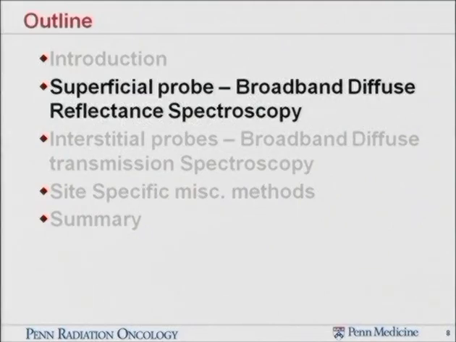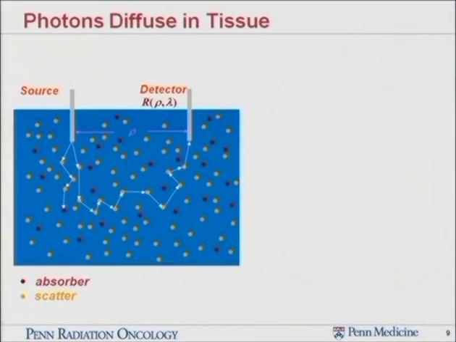So I'm going to spend more time on the more conventional, simpler method, which is based on the CW light source. What it typically does is introduce a point source into the scattering medium, which will diffuse through it, scattered around or absorbed by these absorbers.